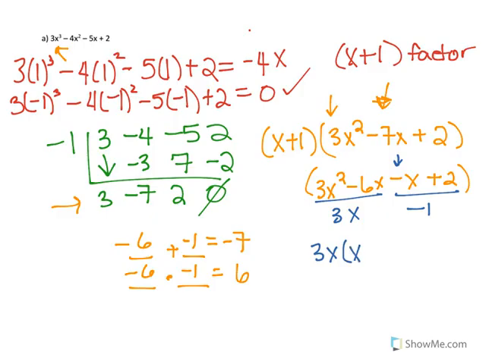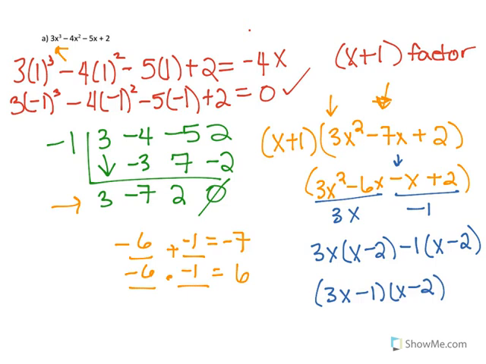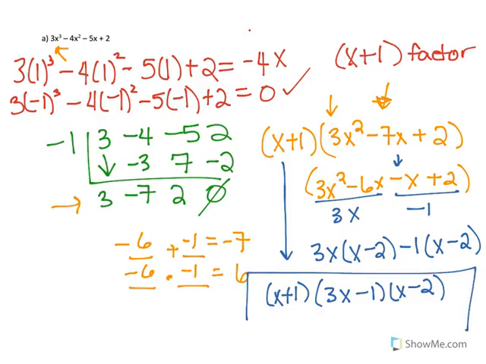So I have 3x, x minus 2, minus 1, x minus 2, and that's perfect. Our brackets are the same. So our brackets are 3x minus 1, x minus 2, and we still have this x plus 1 from the beginning. And ta-da! We have factored it down to 3 terms.